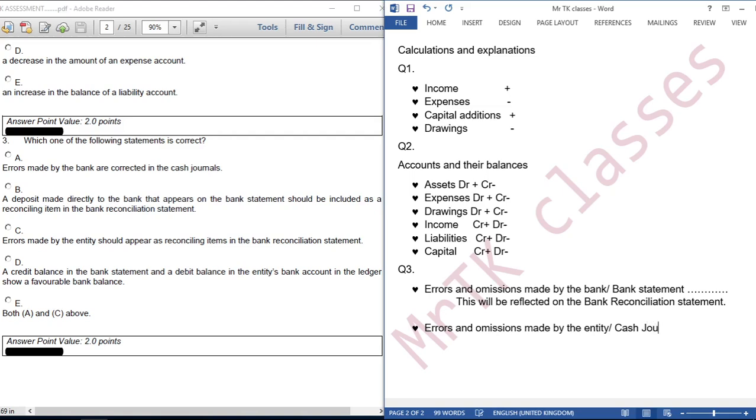To make a long story short, I'm not gonna write many things. I'm just gonna say or cash journals, or bank account. I'm just summarizing these statements. What else can I write? CRJ and CPJ.